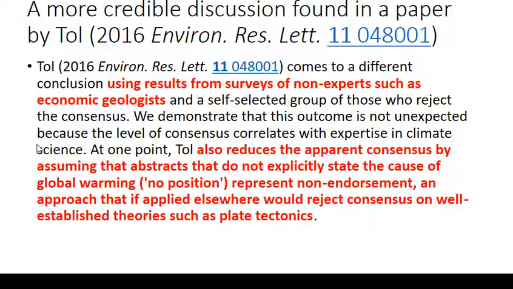Now, let me ask you a question. What percentage of peer-reviewed papers do you think you should see out there before you would feel comfortable that there's a consensus? I mean, do you want 60%, 70%, 80%, 90%?